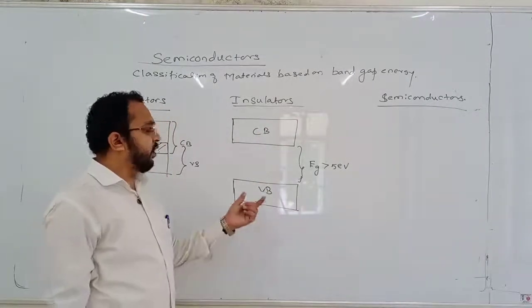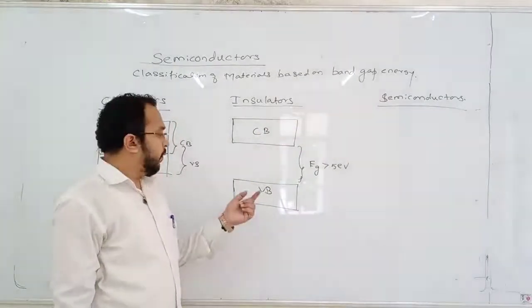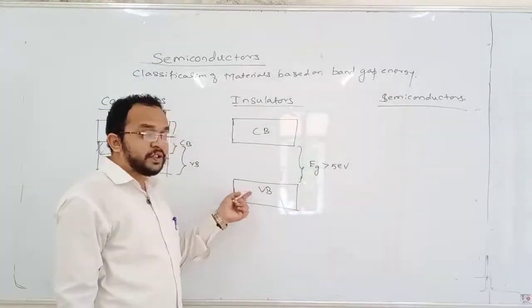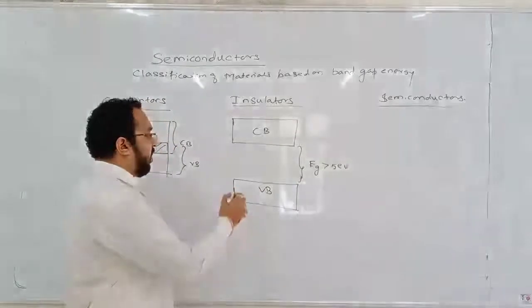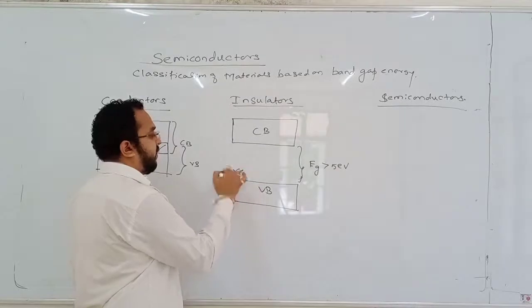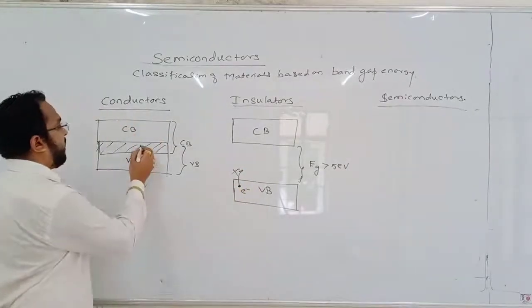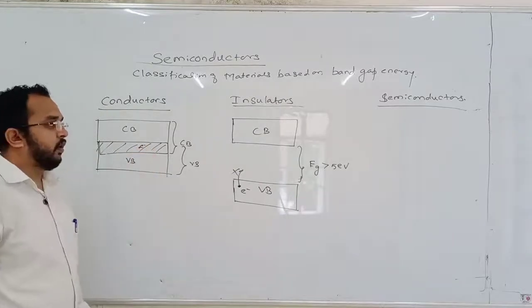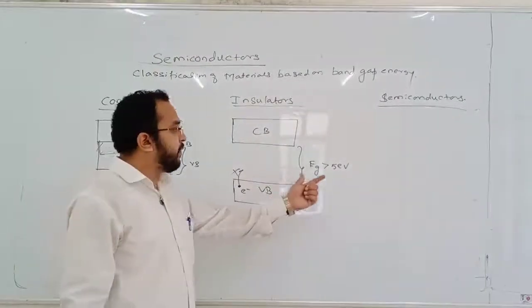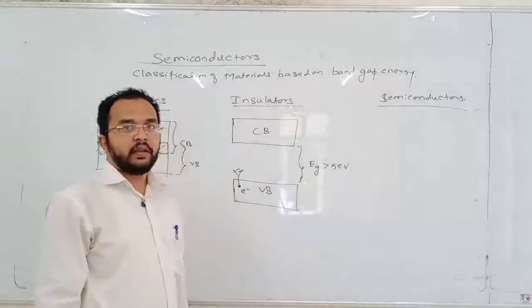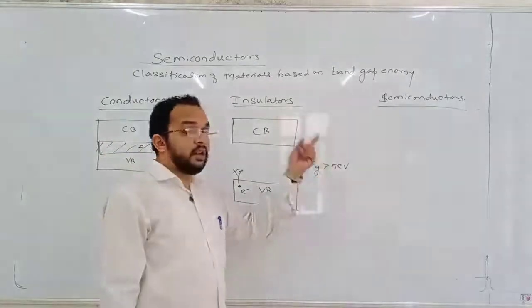The electrons from the valence band cannot transfer to the conduction band, because the energy gap is very much higher. It is greater than 5.